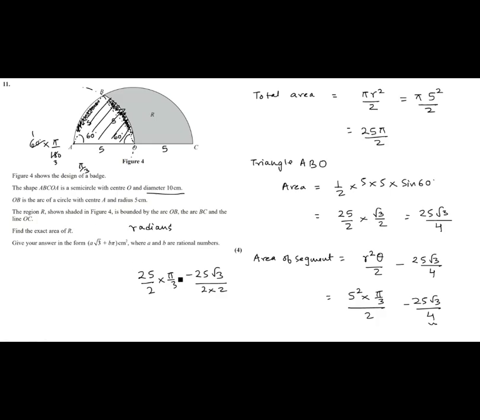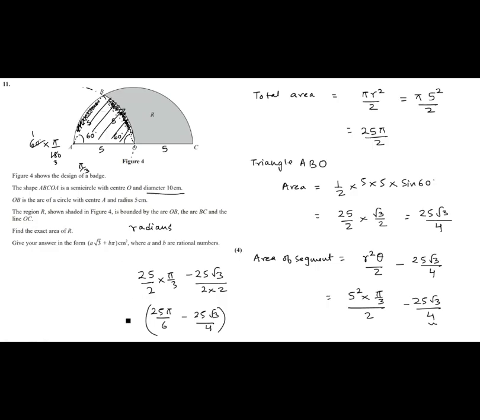So this is the area of this little segment, and this other segment will be the same as well. So we know the area of the segment and we know the area of the triangle. Leave it like this: 25 pi over 6 minus 25 root 3 over 4. So that's the area of this tiny segment. And we know the area of the triangle.